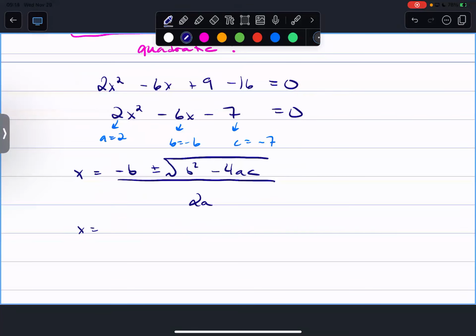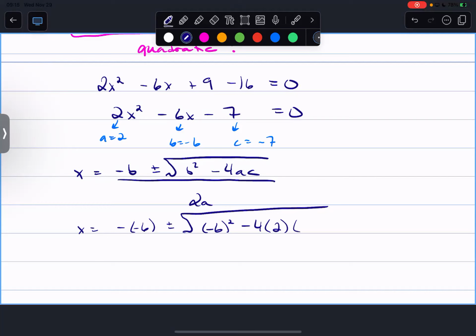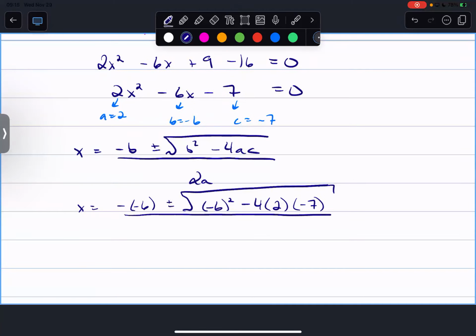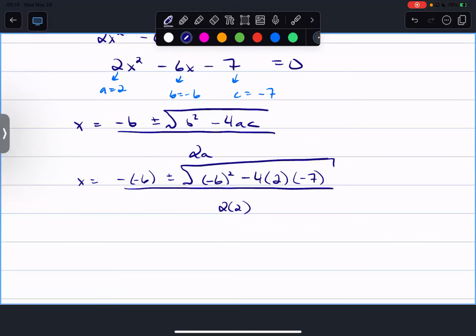So x is going to be 6 plus minus the square root of -6 squared minus 4 times a, which is 2, and c, which is -7, divided by 2 times 2. What's something that we look out for in the square root? I can't take the square root of a negative number, right? But it should be okay. Let's see here.